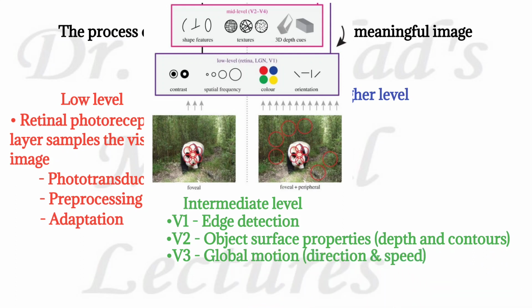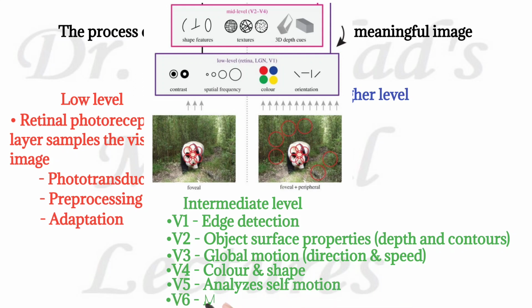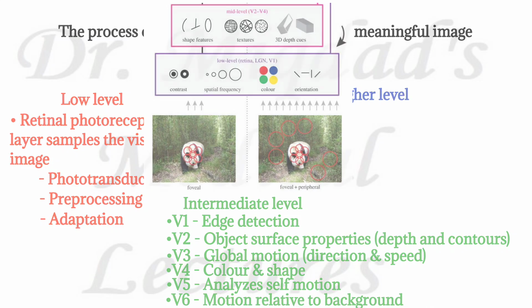To be more precise, it determines the object's direction of movement and its speed. Then V4 differentiates different colors and shapes. Then V5 analyzes self-motion. And then finally, V6 determines the object's motion relative to the background.